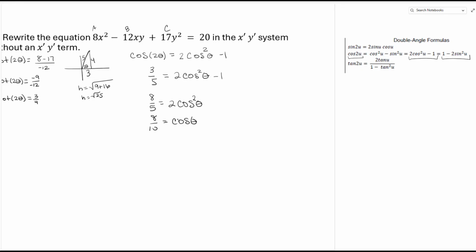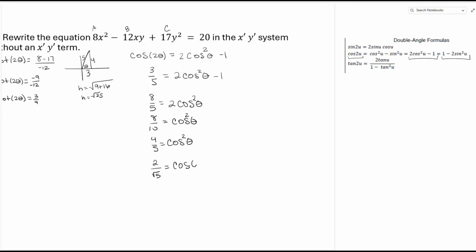Square root both sides. Oh, I should simplify it first. It's 4/5. Now I'll square root. I can see from here that the cosine of theta is going to be 2 over the square root of 5.